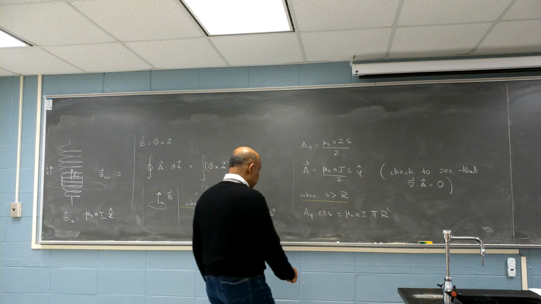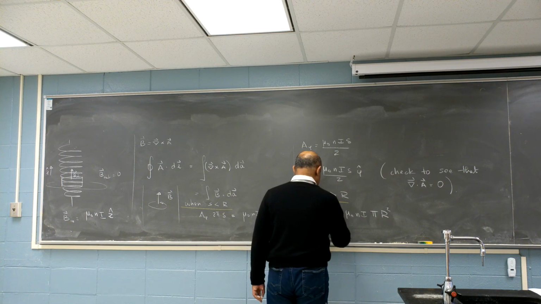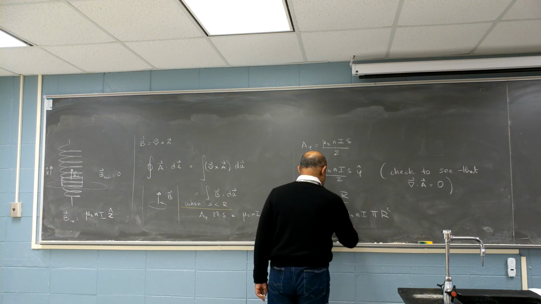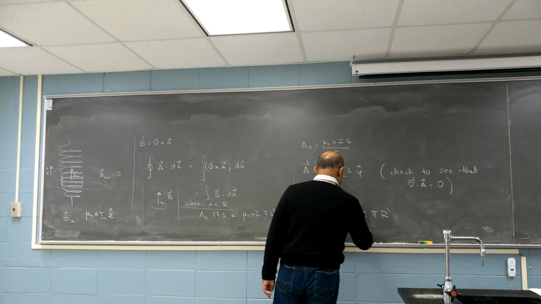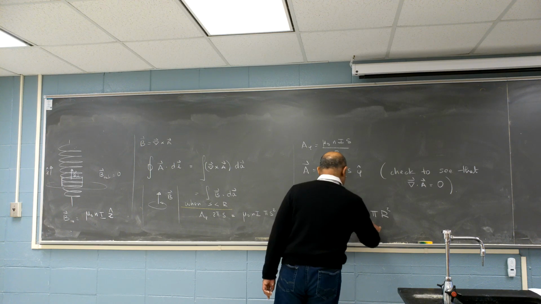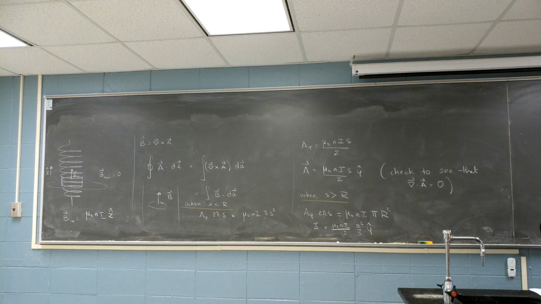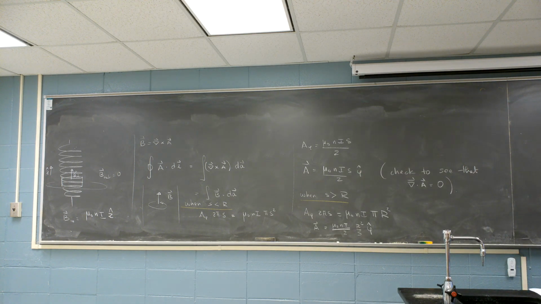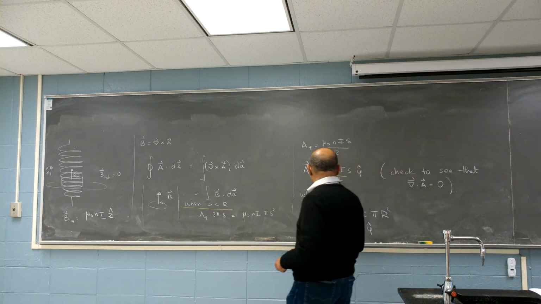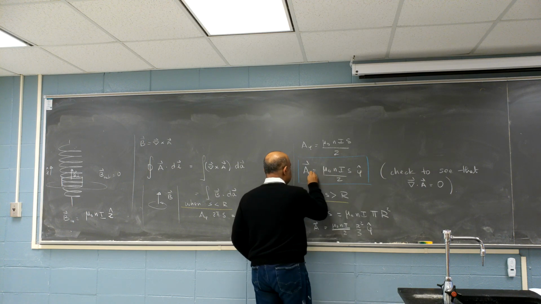So if I do my math right, making this a vector with only a phi component, the pi's cancel and I get mu 0 n I over 2 times R squared over S phi hat. Again, let me check. Yep. And so we will have found the correct values. And now I can make it a little more clear.